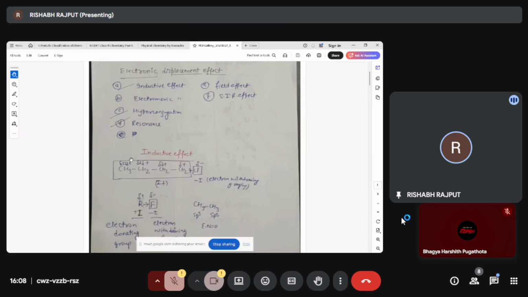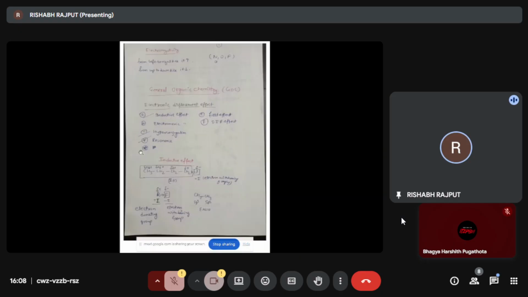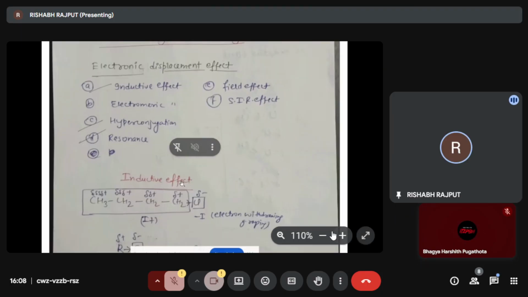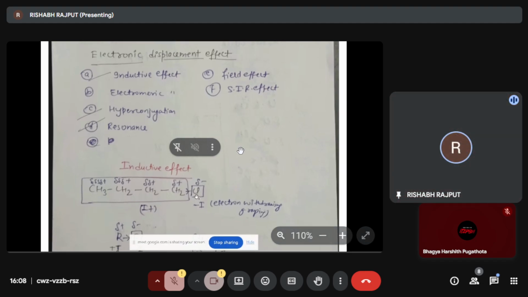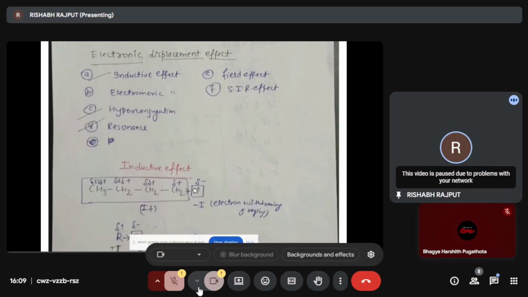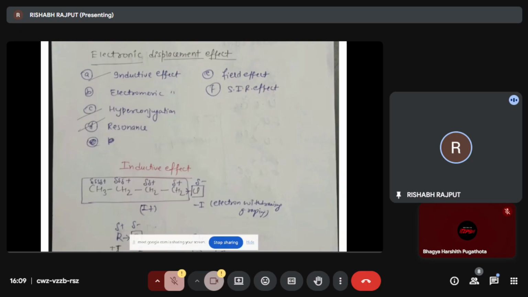I will make the screen bigger, then you will see properly. See guys, this chlorine and this carbon: chlorine has a high tendency for electronegativity. Whatever bond pair is shared by chlorine and carbon, the electrons in this bond pair will be attracted more towards the chlorine.